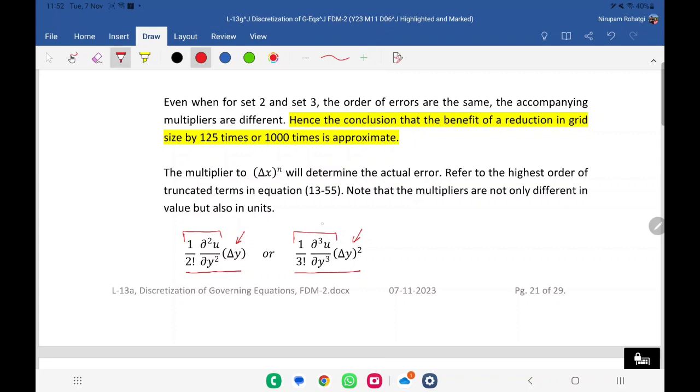Not only that, the units of these two are also different, because when you take delta y on one side, other side it is delta y square, the coefficient would become 1 power less in distance. What will be the effect of that? That will also come in. So it's not exactly, I just gave you some idea, and all these challenges people have to see, that what is actually happening.